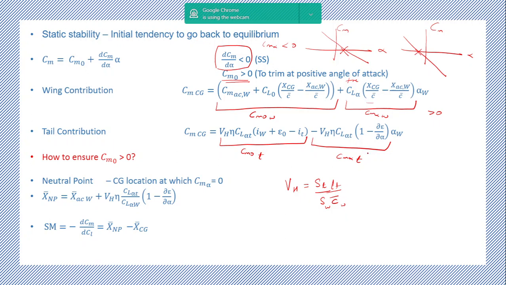And CW is the mean aerodynamic chord of the wing. So this term, will it be positive or negative? The areas are positive, chord is positive, LT positive, exactly. So this will be greater than 0. So this is positive. Now eta. What was eta? Tail efficiency factor. What was the formula?